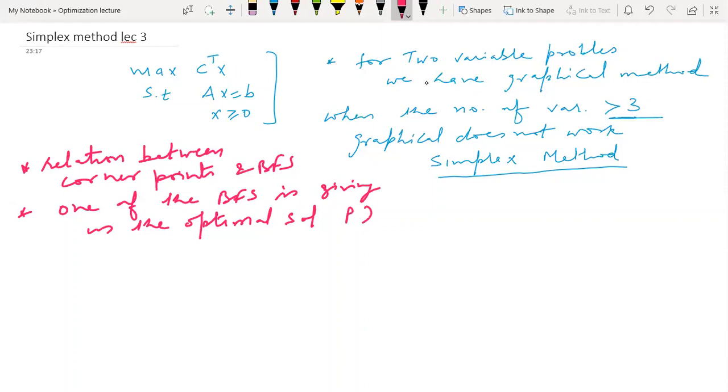Say I call this my problem P, right? Provided the optimal solution exists.